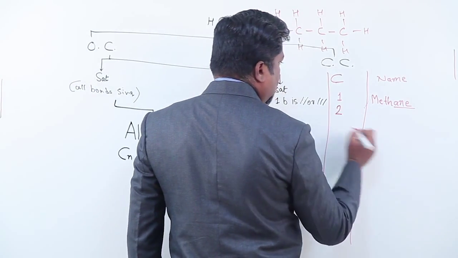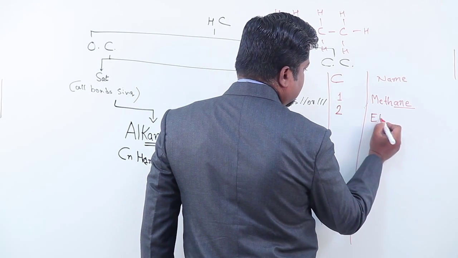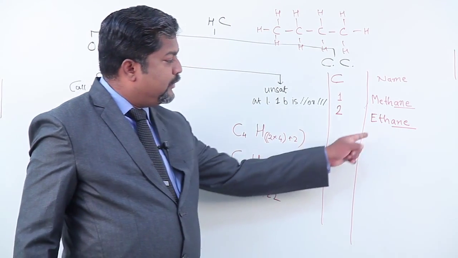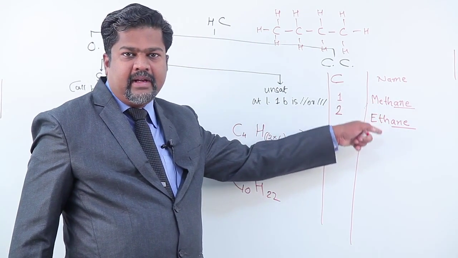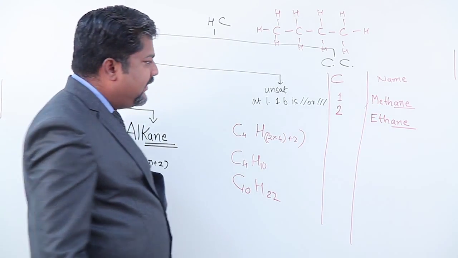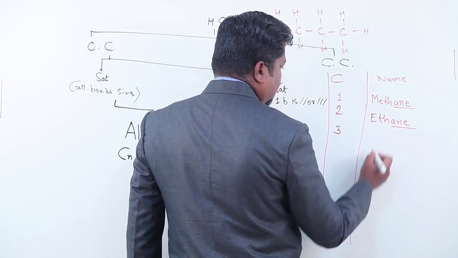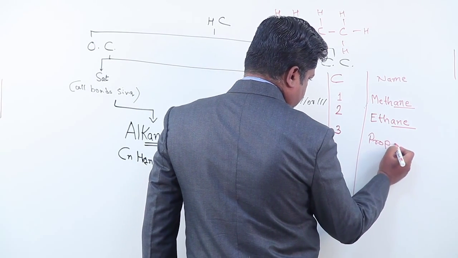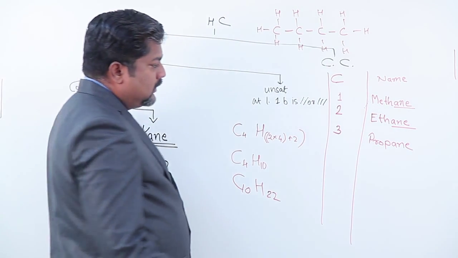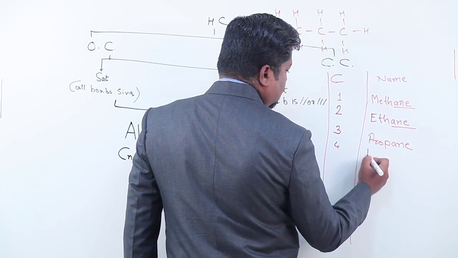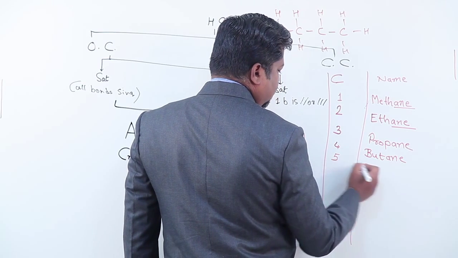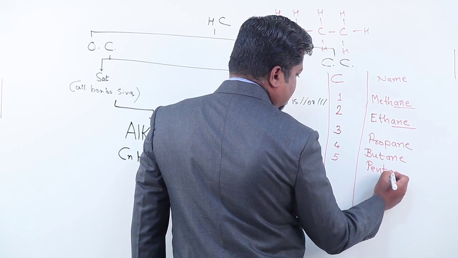If the carbon number is 2, it is called ethane. Now many times there is confusion between the pronunciation of methane and ethane. Here the spelling is also the same, but what is the ending? ane. Everywhere you will get this type of name. Third, that is propane. Carbon number 4, butane. 5, pentane.